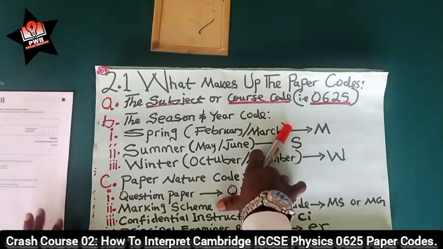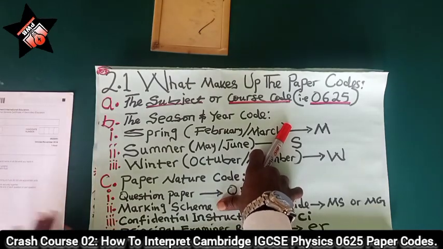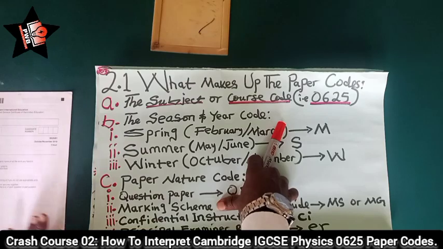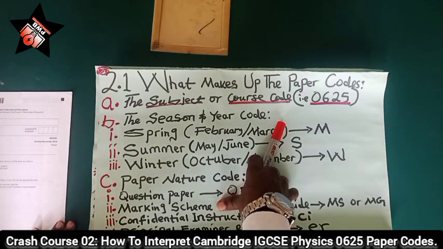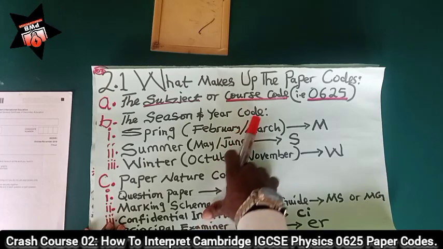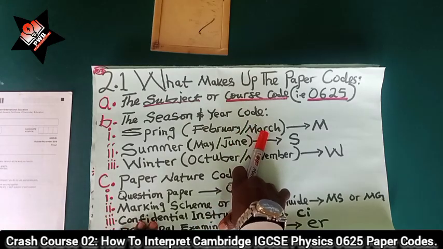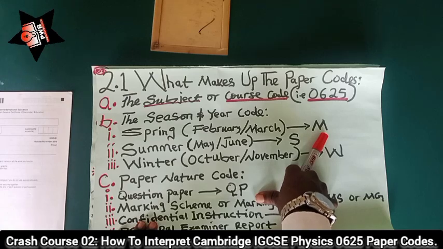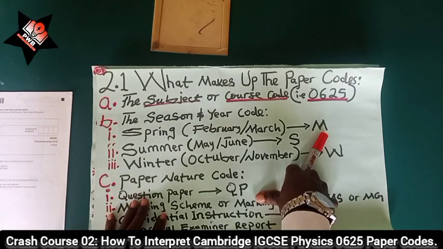We have 3 seasons in the Cambridge Assessment International Education examinations. We have the spring. This season is the February/March season. It is denoted with M. Any place you see M, it means the spring season.